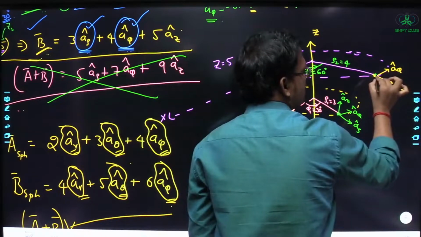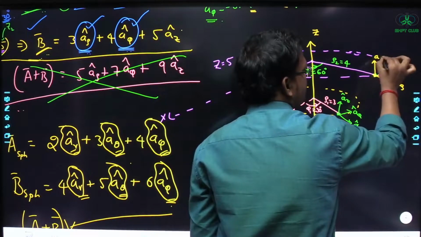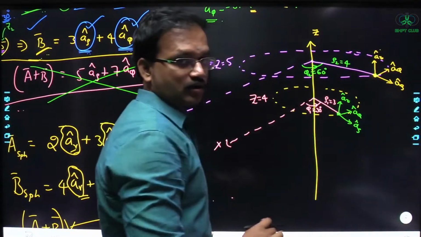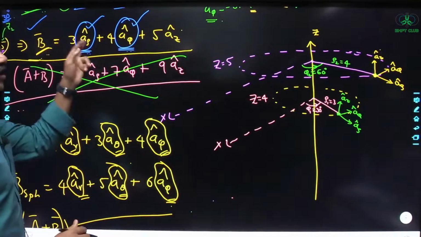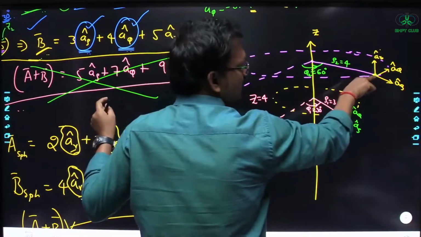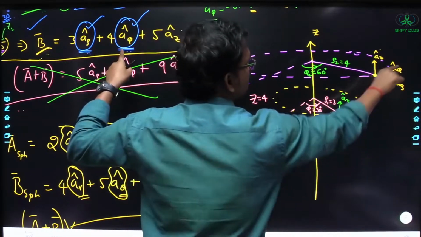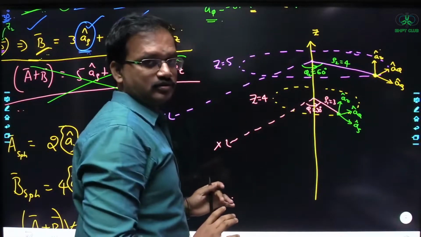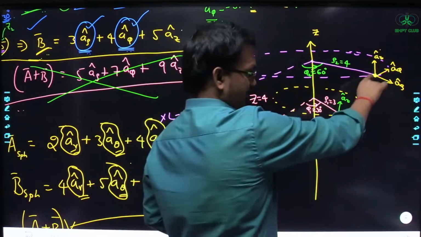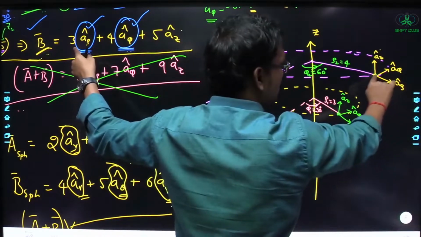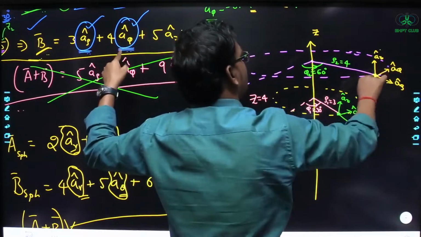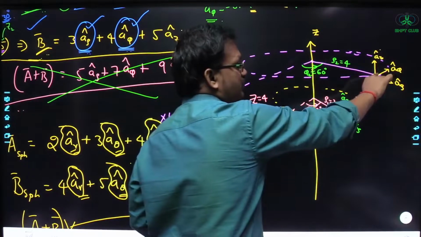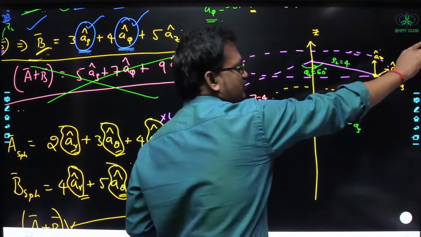So at this point we have defined a vector b bar, which is 3 ρ cap, so 3 units along the ρ cap direction, 4 units along the φ cap direction, and 5 units along the z cap direction. So the resultant vector b bar is going to lie somewhere here.